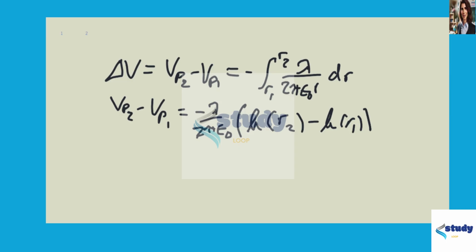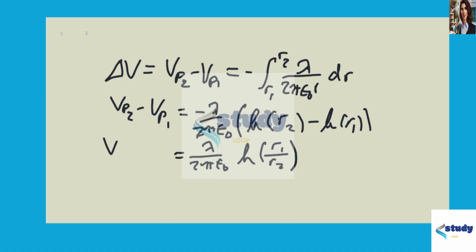Now we know these distances, and we also know this voltage difference, so we can solve for lambda. Let's first combine these natural logs. We have lambda over 2 pi epsilon naught, and when I pull the negative in and use a log rule, that the subtraction of two logs can be rewritten as a division, we simply get the natural log of r1 divided by r2.